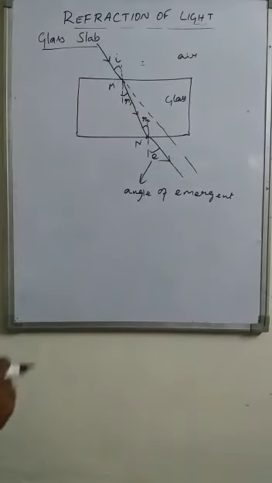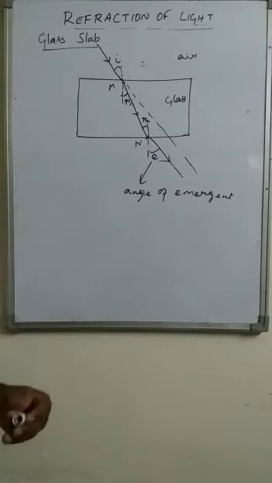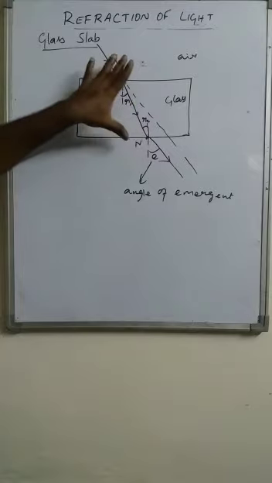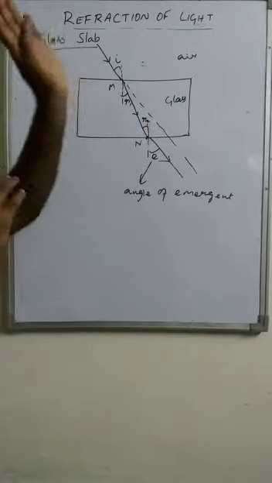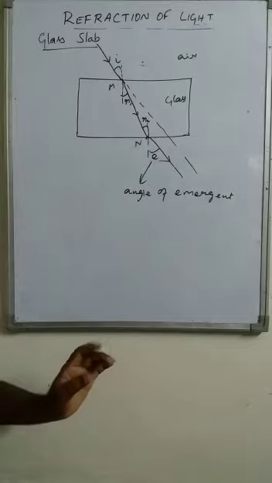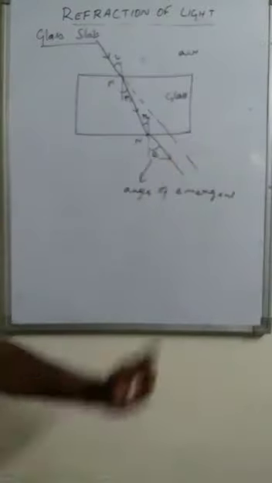And you will also perform this as an experiment, in which we have to show how the light ray is refracting through this glass slab, and ultimately the light ray is emerging out from the glass slab.